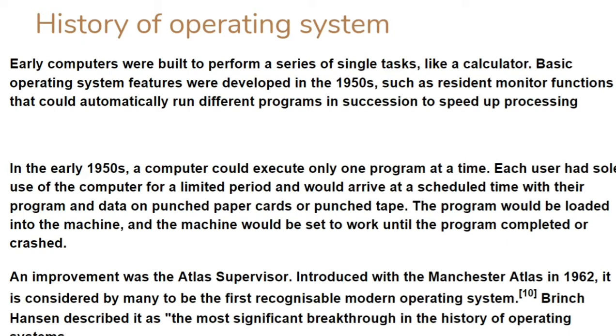This is just a simple history, and the history of operating systems is very long, but we have collected the few things which are important. So in 1962, an operating system could run more than one program, with processing speed greater than the earliest operating systems.